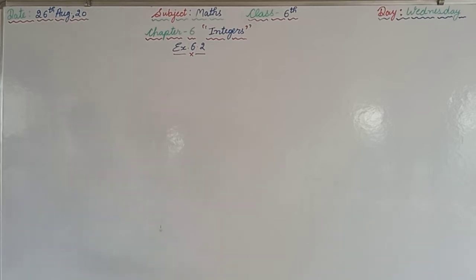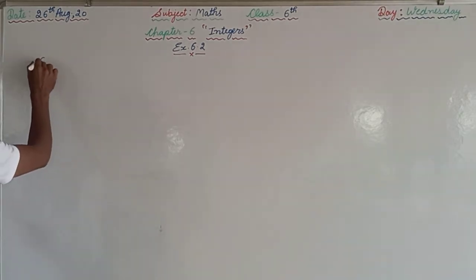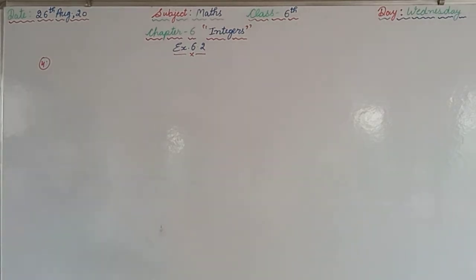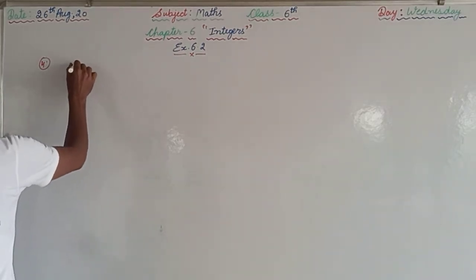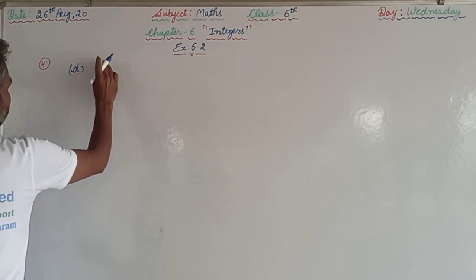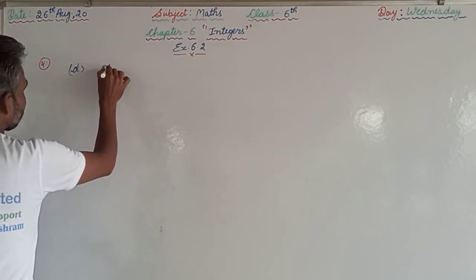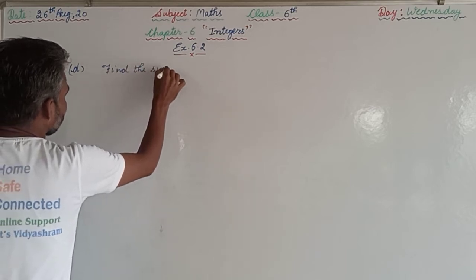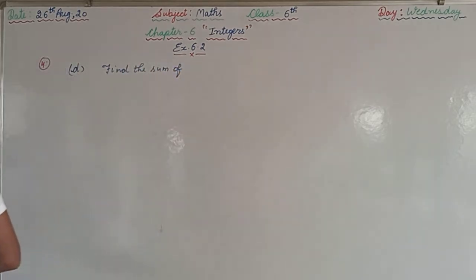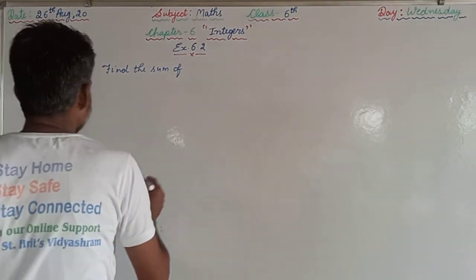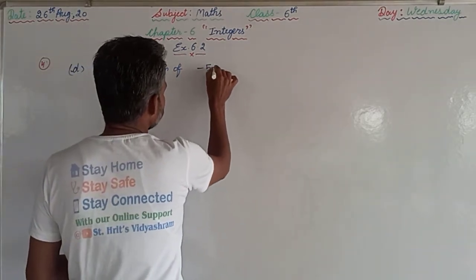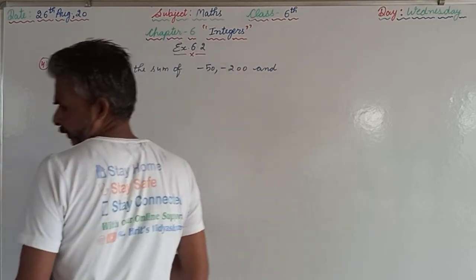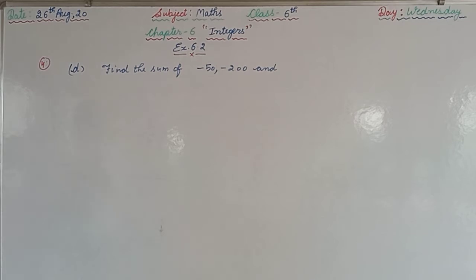Question number 4, find the sum, and we are taking the last part, that is D. Find the sum of minus 50, minus 200, and 300.